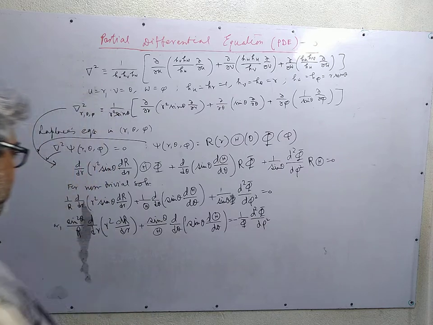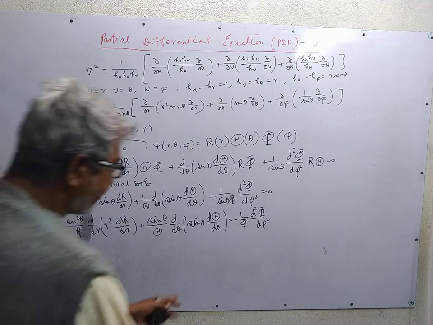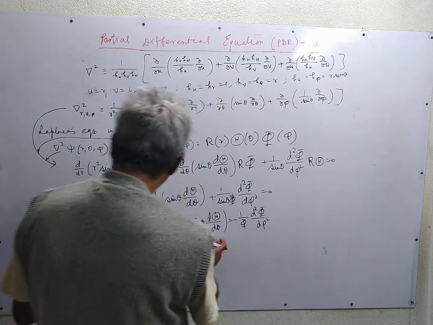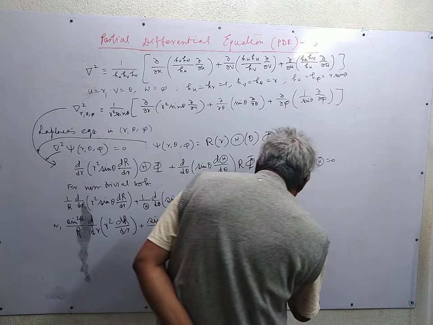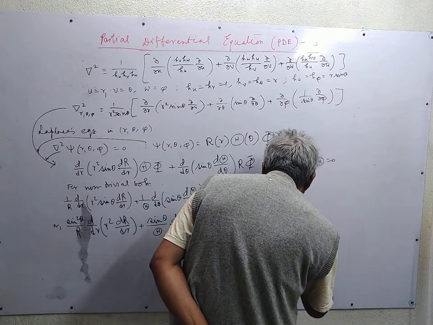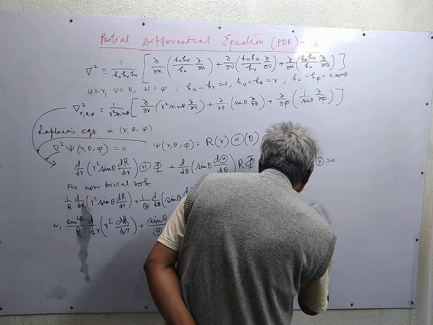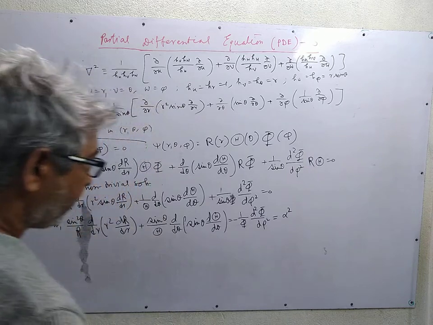Now the left hand side is independent of phi, while the right hand side is a function of phi only, and they are equal for all values. So this must be equal to some separation constant. We always consider the separation constant to be alpha square.